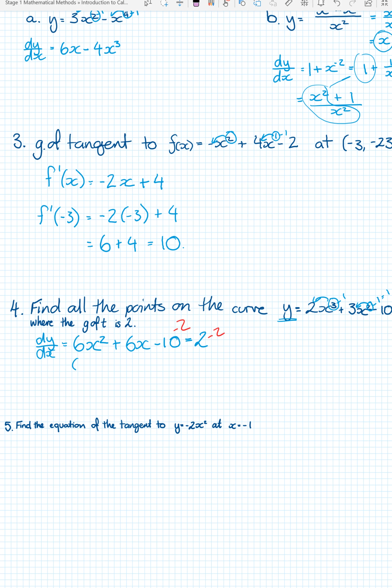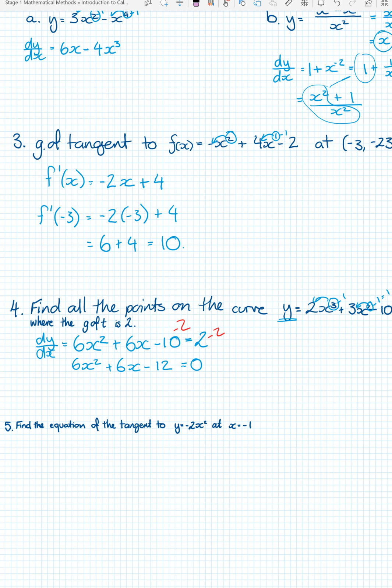So we're going to have 6x squared plus 6x minus 10, take another 2 is minus 12, equals 0. And we can look at that and say, okay, now we need to factorize it, so we can use our null factor law to solve for 0.